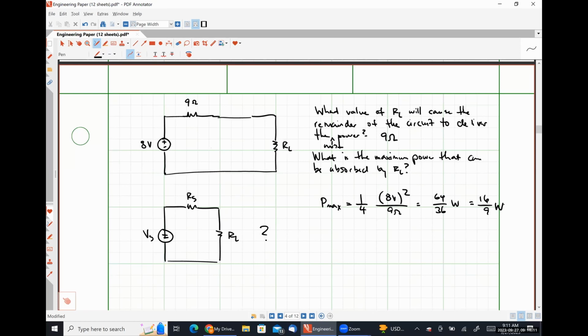For a problem like this, it is 2 parts, so that would potentially be 9 points. So it's pretty important that you understand what it is you're trying to do.